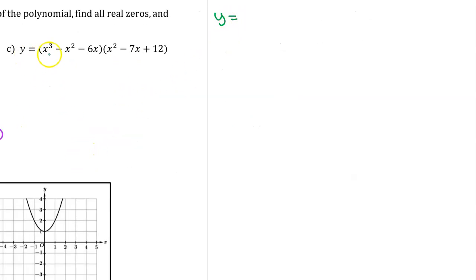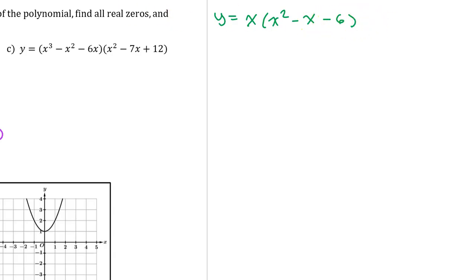Part C, the main thing we need to do is factor completely. So looking at this first factor, this trinomial, I see that every term has at least one x in it. So the first thing I'm going to do is factor out that x. So that's going to leave behind x squared minus x minus 6.